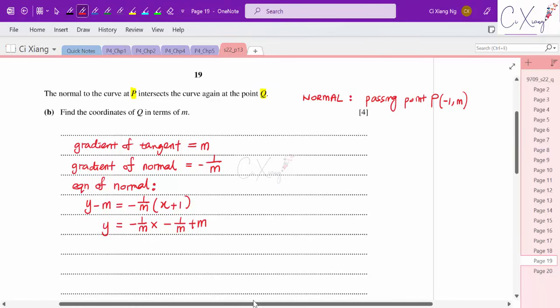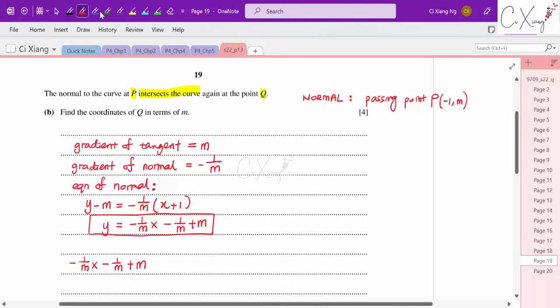I will get this as the equation of the normal. Then again, they are saying that the equation of the normal intersects the curve again. Alright, so I want to let the equation of the normal equal the equation of the curve so that I can solve them simultaneously and see what the coordinate for Q is.